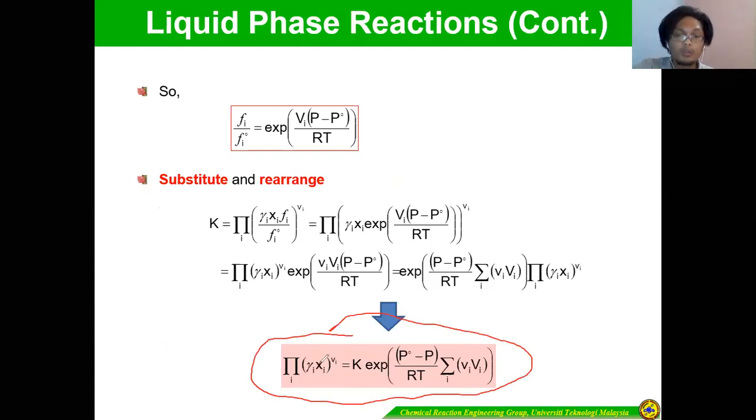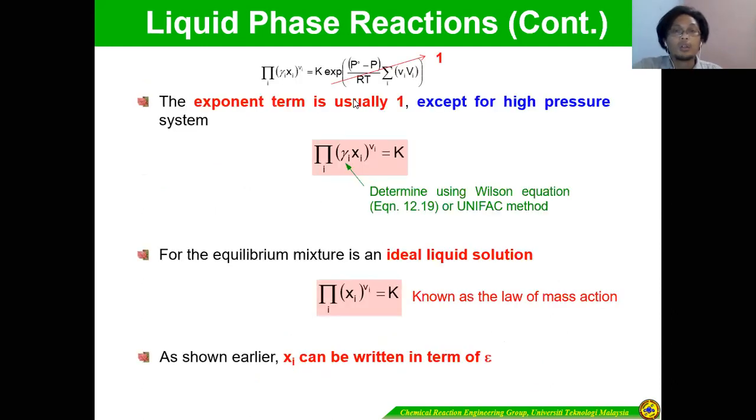So how to calculate the composition? If your solution is ideal, this one is going to be 1. Similarly, if you look at here, total x_i v_i exponent (P naught minus P), this is for the liquid. Actually the exponent term is equal to 1. Generally this part is equal to 1.